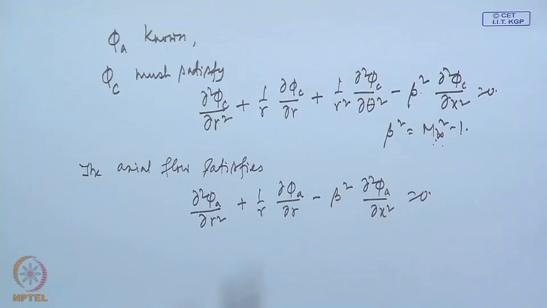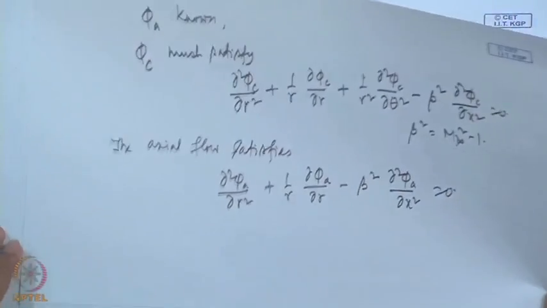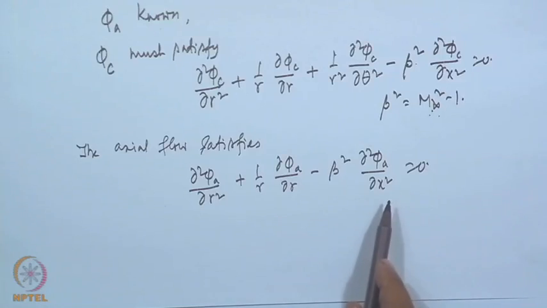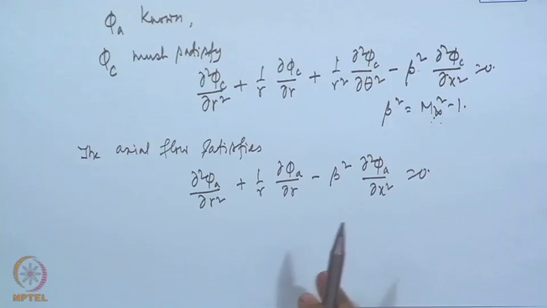The axial flow is the solution of this equation. Now, if we differentiate this equation with respect to r, the resulting equation will also be satisfied by phi a.